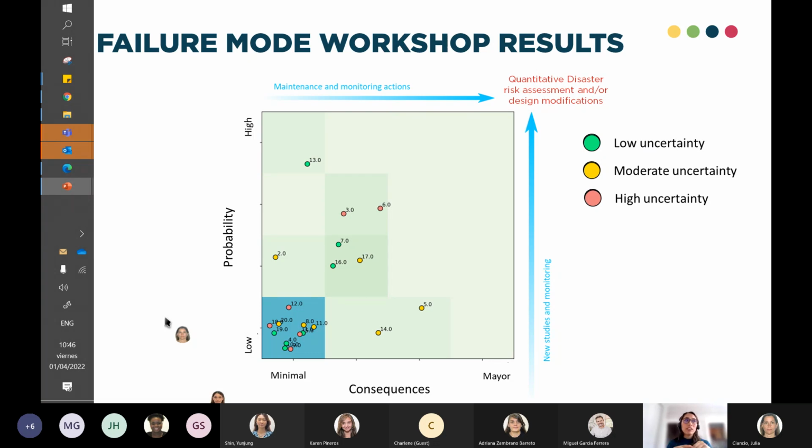So this is the result that says, okay, we agree that there is this kind of failure that may happen in the project, but let's see how all of us as experts on the topic with different backgrounds, not just engineering, see its probability, its consequence, and its uncertainty, and let's see this all together in one place. And this will help us take decisions and see what we need to do further.